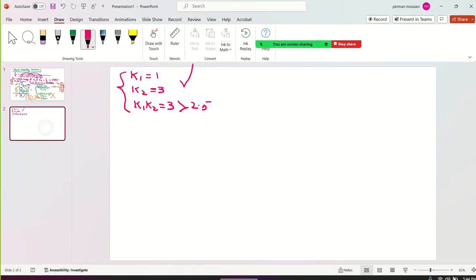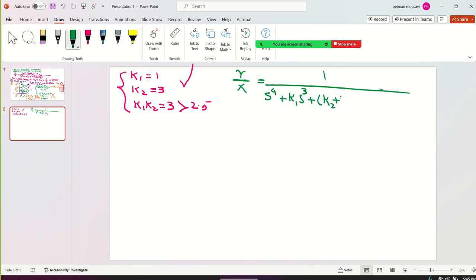We're done with this. So say Y over X is 1 over s^4 plus K1 s cubed plus (K2 plus 3) s squared plus 10 s plus K3.